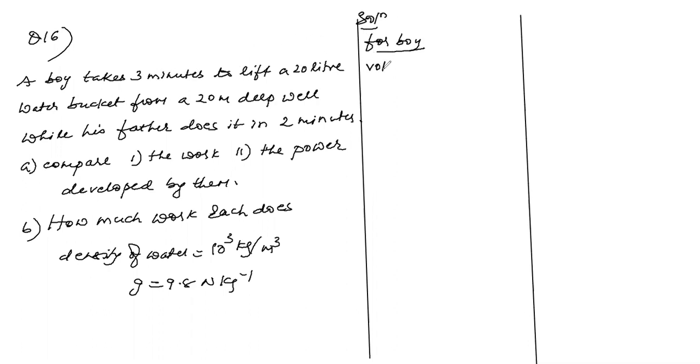So volume of water, V, equals 20 liters, and density D is 1000 kilogram per meter cube.